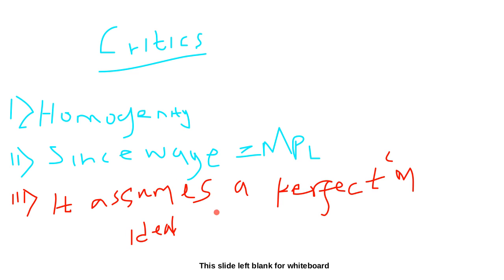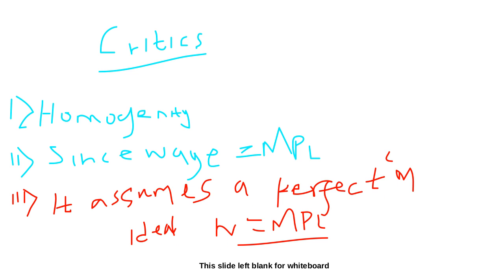The cases where we have wages equal to MPL, these are cases of perfect competitive market. That's where wages equal marginal product of labor. So it is assuming a perfect market, which is ideal.